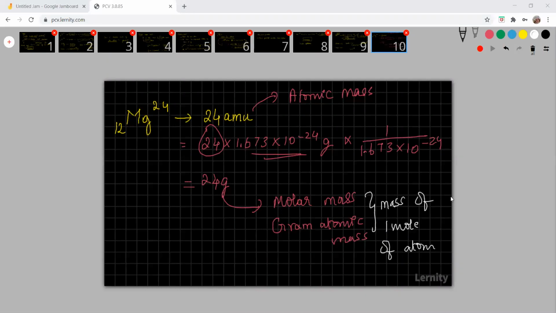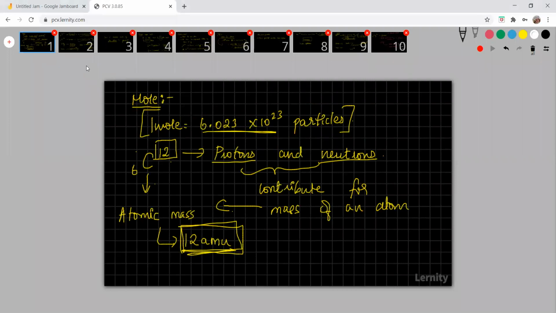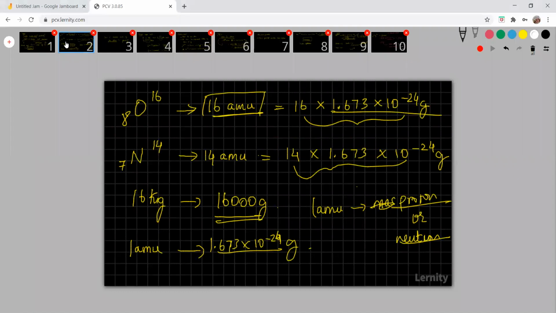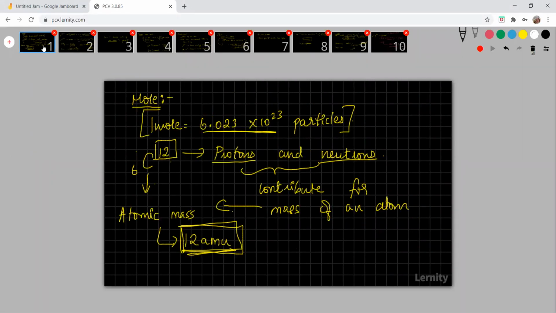Yes, Olive? Ma'am, in the case of atomic mass unit, we wrote for carbon atom. So can we say that it is atomic mass unit of carbon? And in case of oxygen, can we say atomic mass unit of oxygen? No, not like that. See, 1 AMU is nothing but either a proton or neutron, correct? So oxygen has 16 protons and neutrons totally, so you say it as 16 AMU.